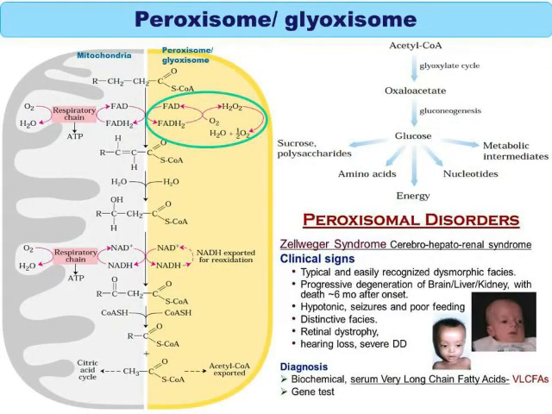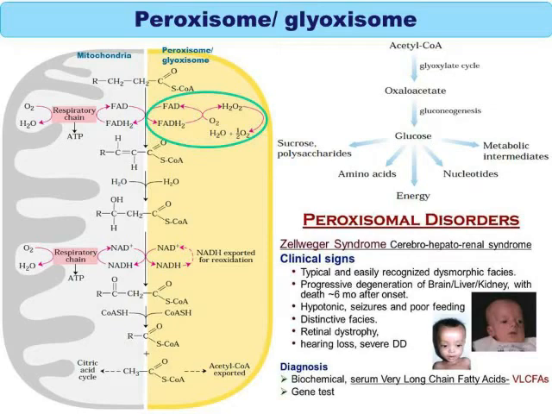Very long chain fatty acids, that is C20, C22, C24 fatty acids, diffuse into the peroxisome and are thioesterified by very long chain fatty acid thiokinase to very long chain acyl CoA, which is then oxidized by acyl CoA oxidase to form delta 2 trans enoyl CoA.